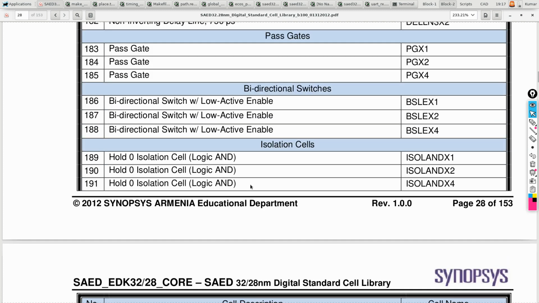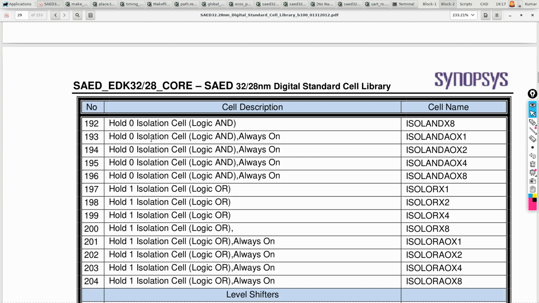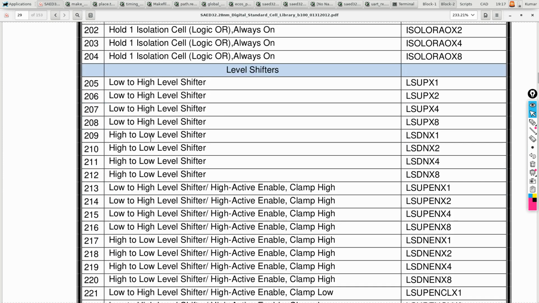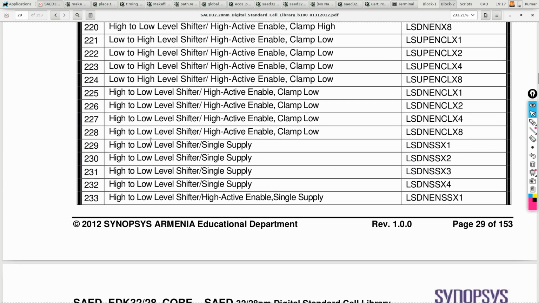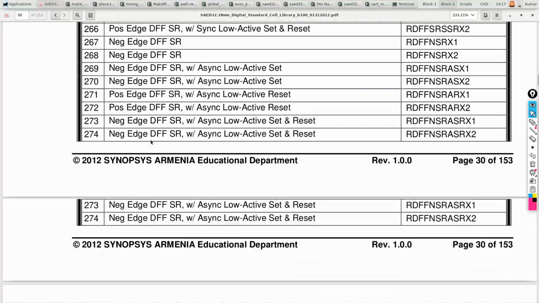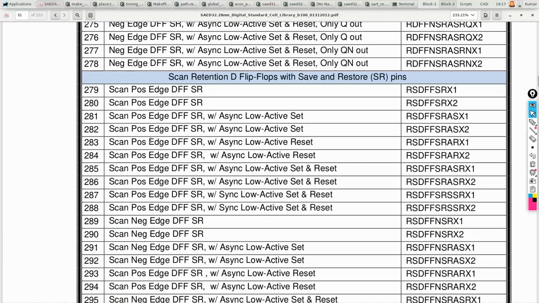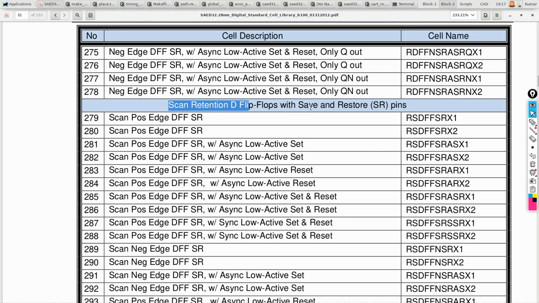The first thing I always suggest to you guys is, the moment you start working on any design, understand the technology and understand the libraries. Those two are the basic things I always suggest. Now there are some more things, like retention flops. Yes, scan retention D flip flops. You see here, save and restore pins.